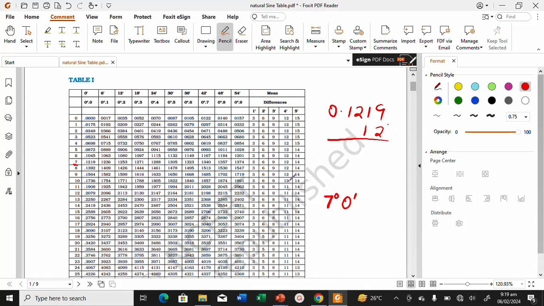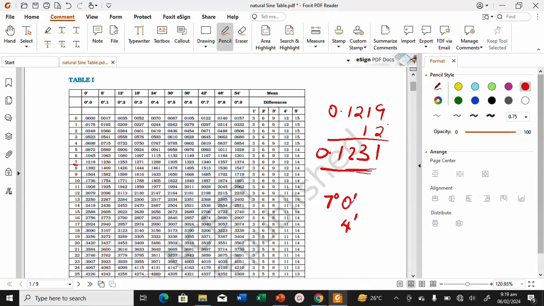If you add this 12, which is 4 minutes, you have 0.123 here now.